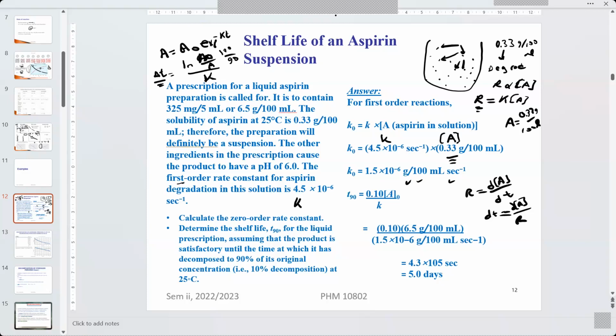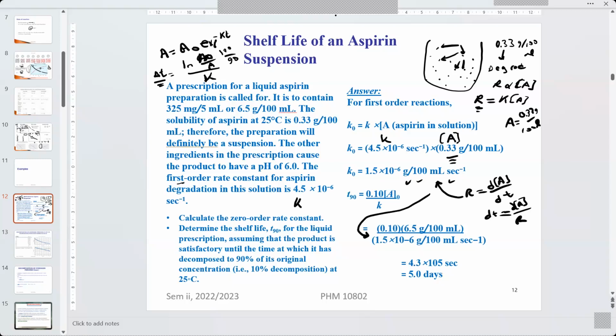So the initial amount is 6.5 grams. 10% degradation means 0.65 degraded, 0.1 times 6.5. This is the change in concentration allowed during this time period. Only 10% change, so 0.1 times the initial concentration. You divide by the rate that we calculated here.